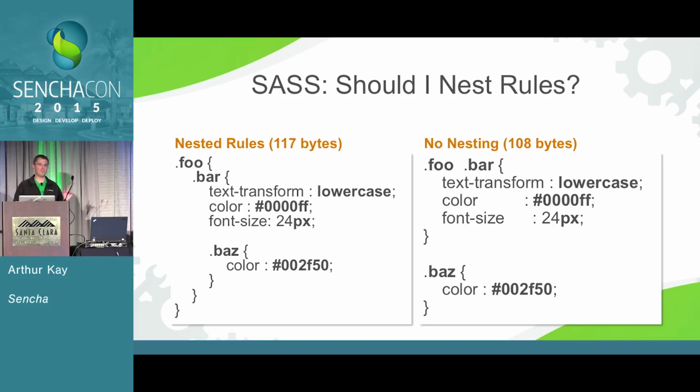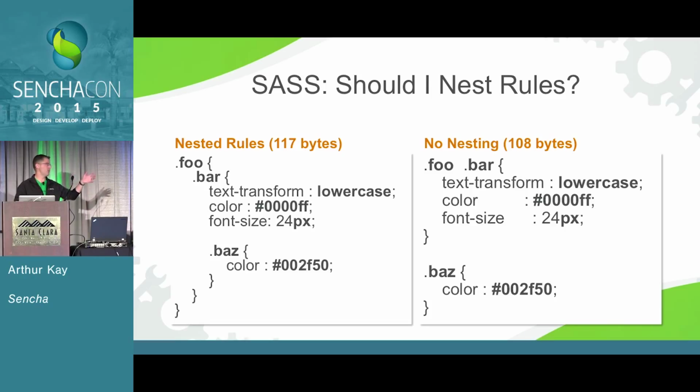But it also bloats your CSS because, as we'll see in a moment, the way it outputs your CSS selectors is very verbose, as opposed to being more declarative in how you write your SASS. You could say, I only care about foo bar, meaning that if it's a bar inside of a foo container, it has these specific styles.